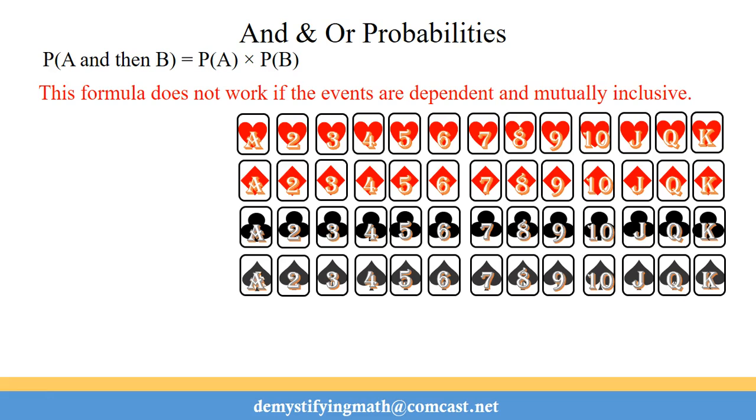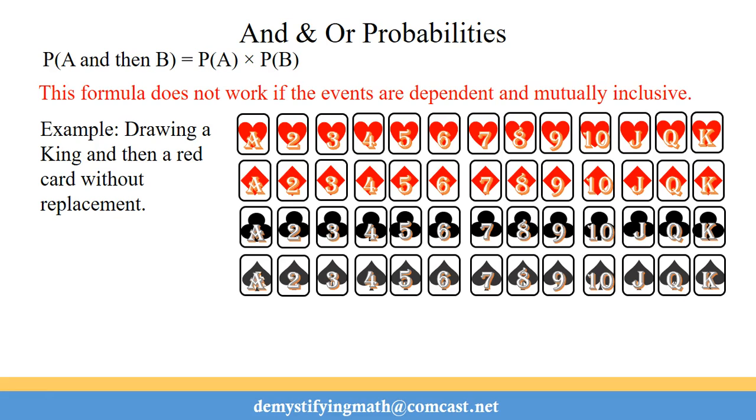This formula is not going to work if your events are dependent and mutually inclusive. For instance, if you were drawing a king and then a red card, they are dependent because we're doing it without replacement, and mutually inclusive because there are kings that are red cards, so there's an intersection.